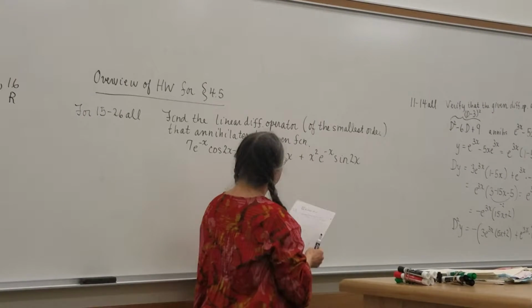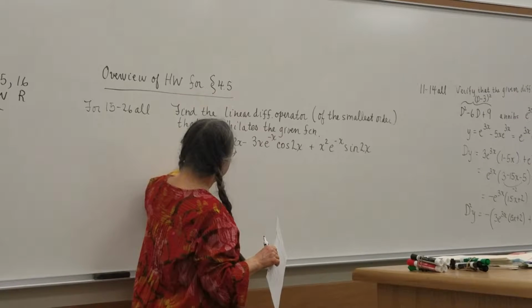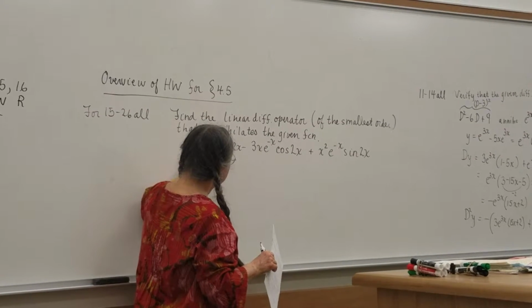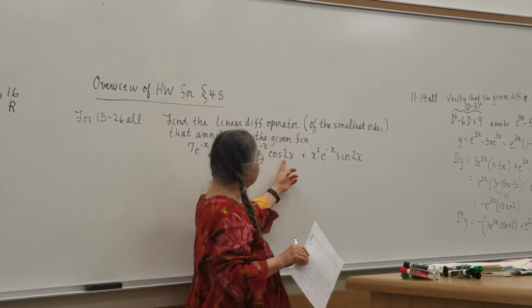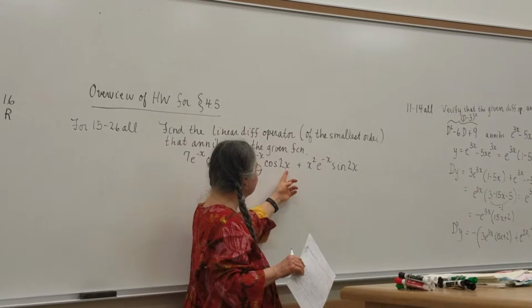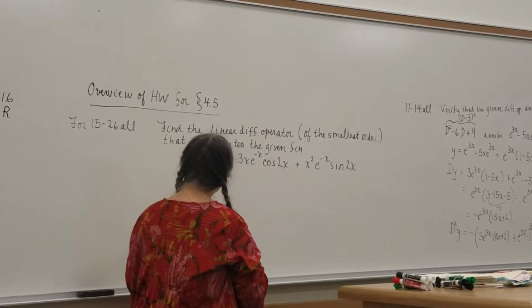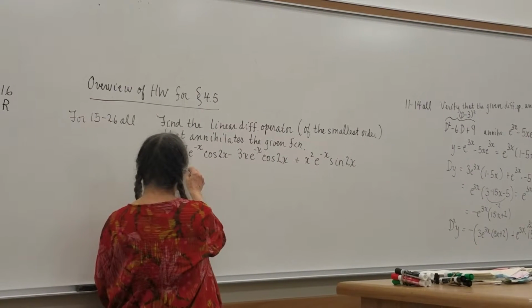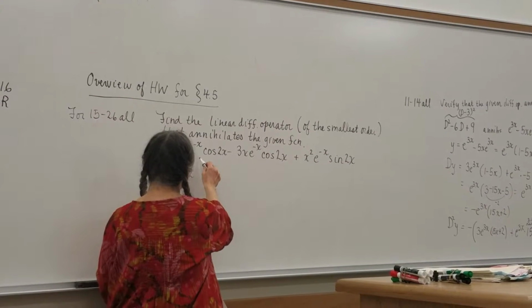The trig functions are of the type where the exponent on e has coefficient minus 1, and the argument 2x has 2 in front of the x. So by looking at it, alpha is equal to minus 1 and beta is equal to 2.